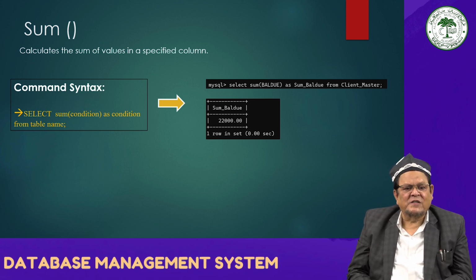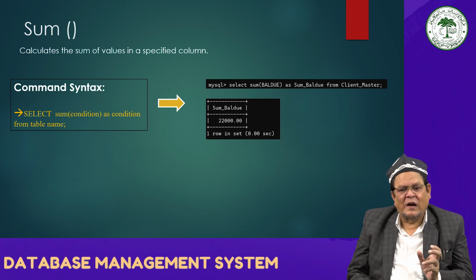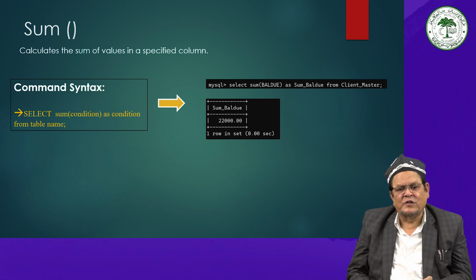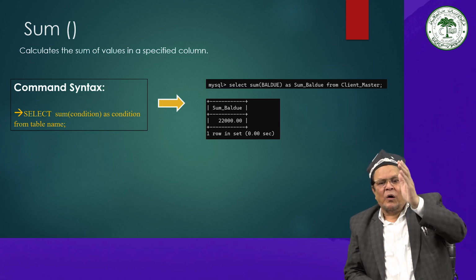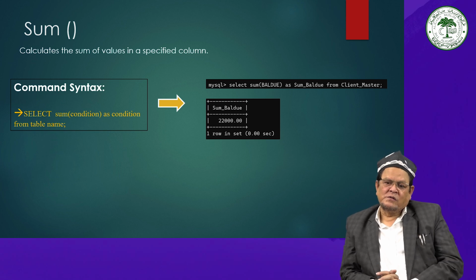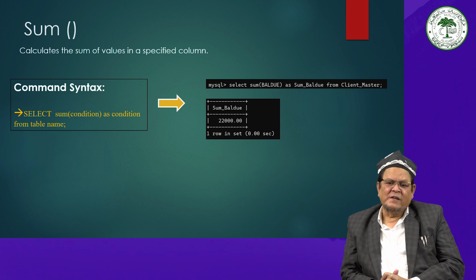The command syntax is select sum, with a condition, from table name. Select sum balance due as sum balance due from client master. When you press, it will show the sum balance due is equal to 22,000, because it will sum all the values of a particular attribute, balance due.